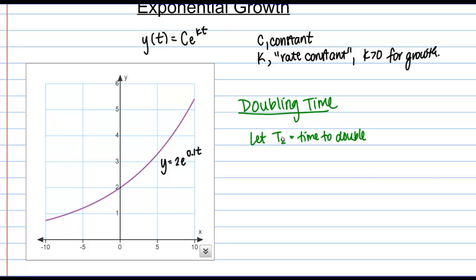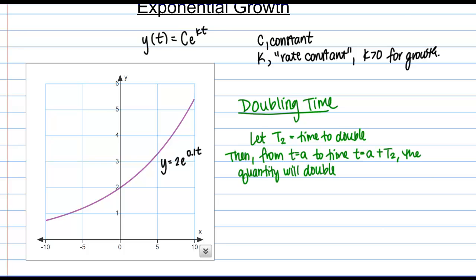So I'm going to let t2 represent the time required to double. Then from time equals a to time equals a plus t2, we know that our quantity will double. A way we could write that mathematically is y of a plus t2 equals 2 times y of a.